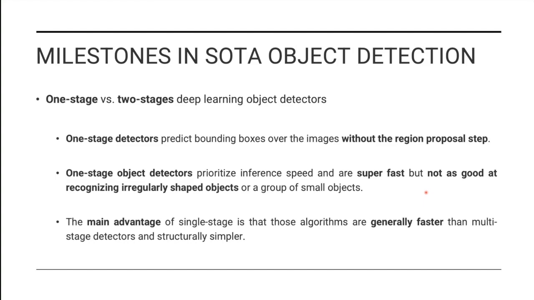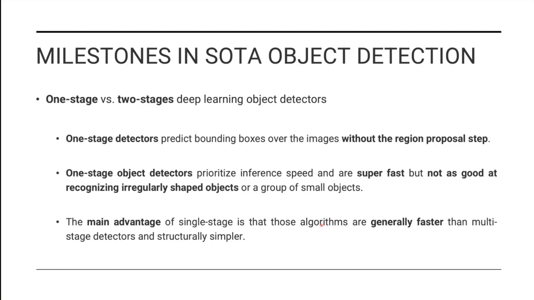But at some points they are not as good as the two-stage algorithms, especially on recognizing irregularly shaped objects or a group of small objects. So if we want to detect a group of small objects or completely irregular shapes, two-stage algorithms are recommended.